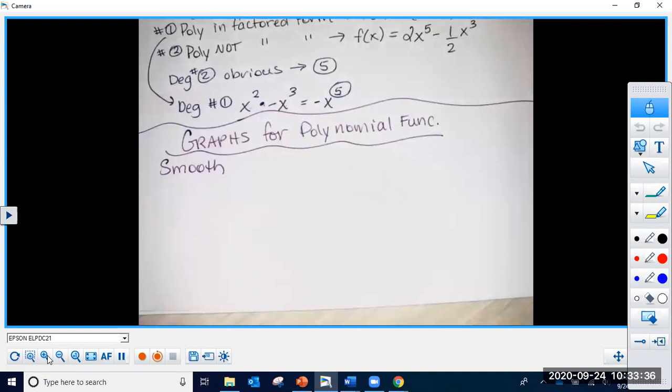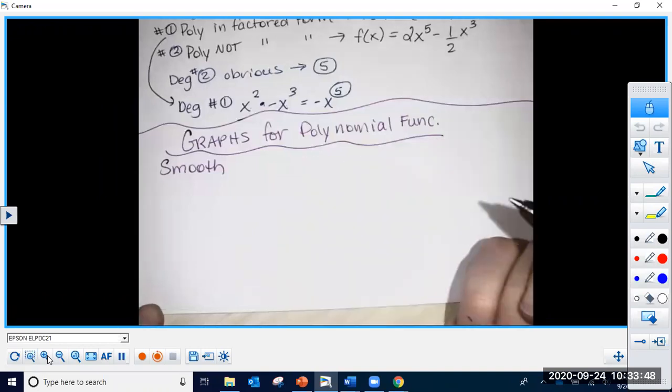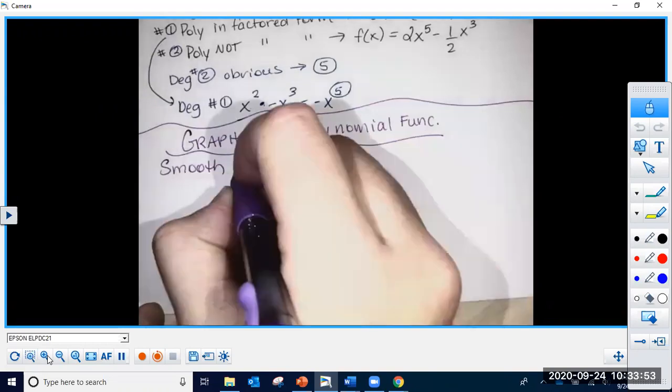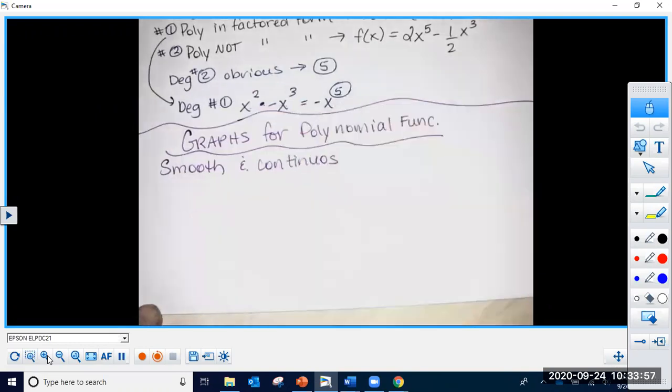For example, tell me what's a graph that you know of like comes to a very sharp point. You graphed these at the first of Algebra 2 Trig last year and hated it. Absolute value. They're smooth and continuous. So for example, absolute value graphs are not polynomial functions.